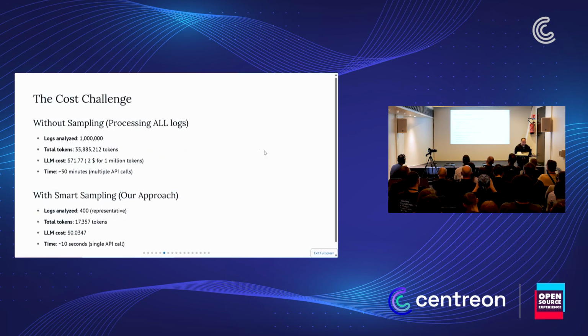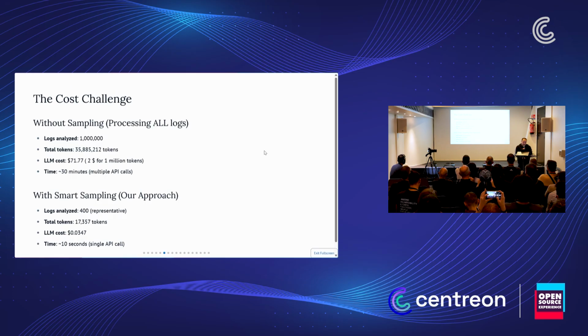Now, I would like to illustrate the cost challenge. Suppose you have to analyze just 1 million logs. This represents 35 million tokens, and the cost to analyze this, just for the input, would amount to $71. We suppose that the cost is $2 per 1 million tokens.